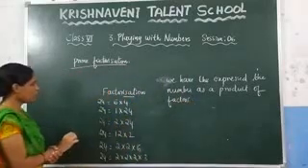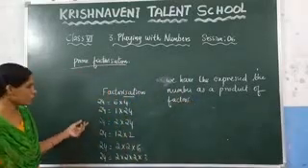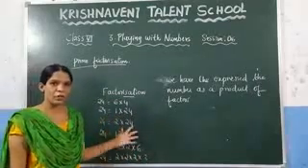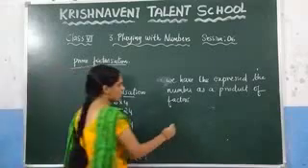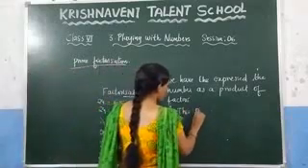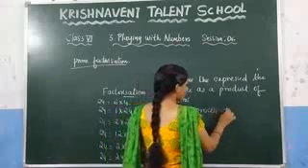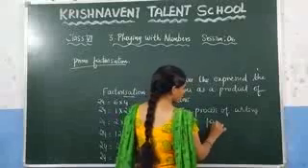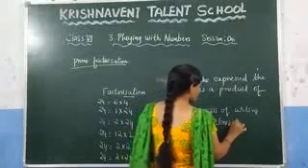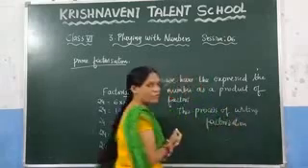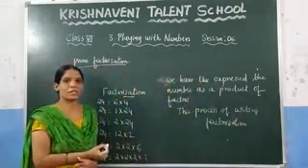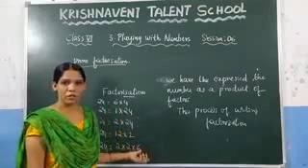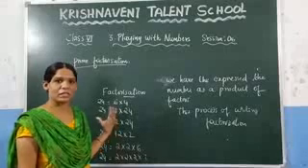We took one number and wrote it as a product of factors. This process of writing a number as a product of factors, we call it factorization.